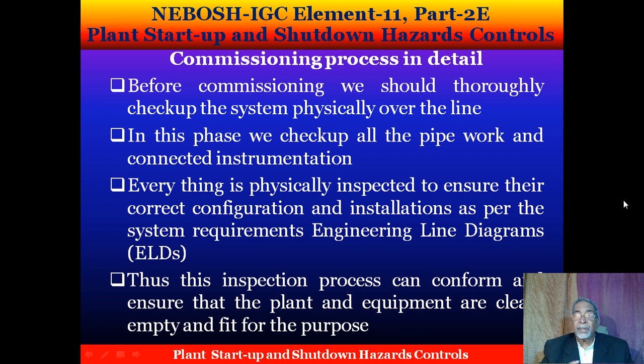Everything is physically inspected to ensure correct configuration and installation as per the system requirements, that is, the engineering line diagrams. Thus, this inspection process can confirm and ensure that the plant and equipment are clean, empty, and fit for the purpose.